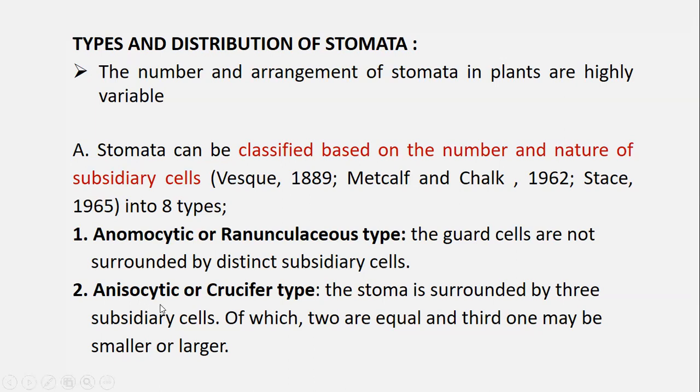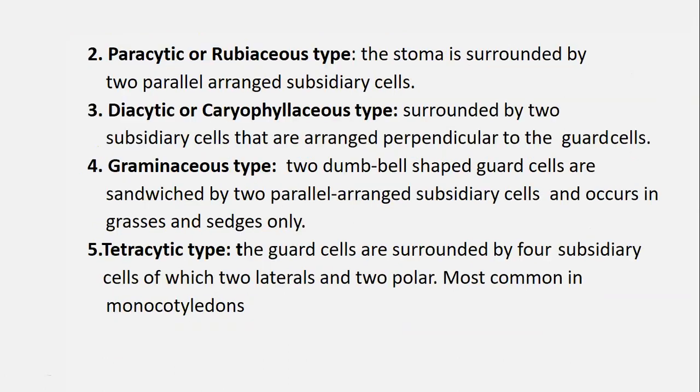Next is the anisocytic or cruciferous type. Aniso means unequal subsidiary cells, and in this the stoma is surrounded by 3 subsidiary cells, of which 2 are equal and the third may be smaller or larger.